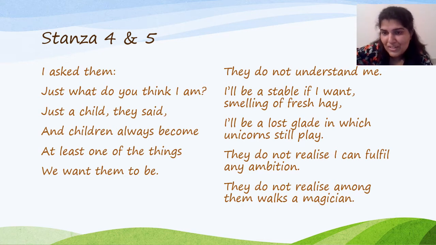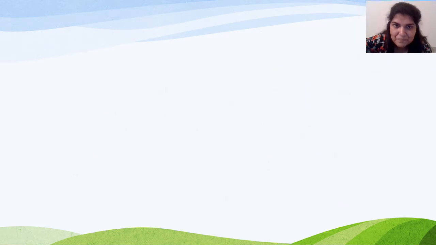So they do not realize that I want to become a magician. If I become a magician, I can become an ocean, I can become a mountain, I can become a tree, right? So they do not realize I have ambitions, so I want to become a magician. Let's see further.